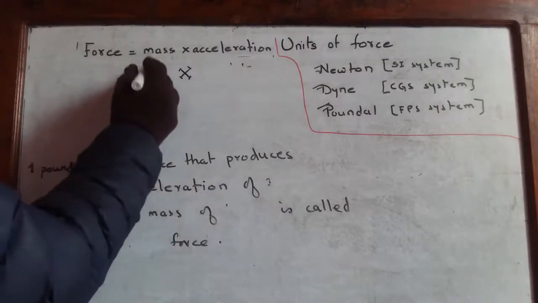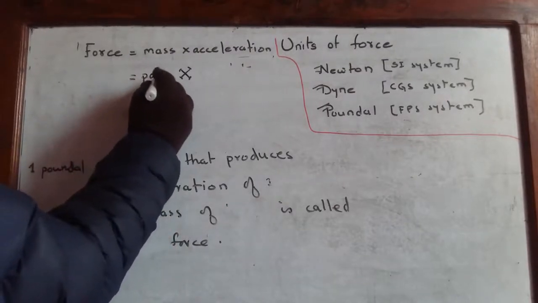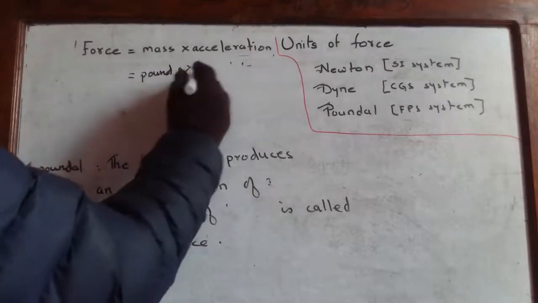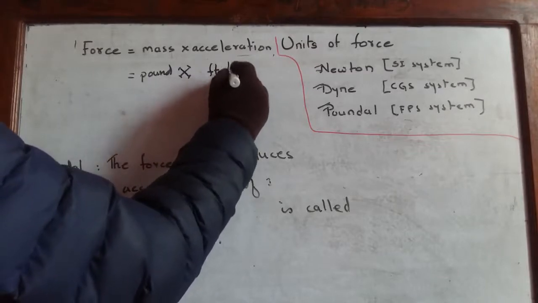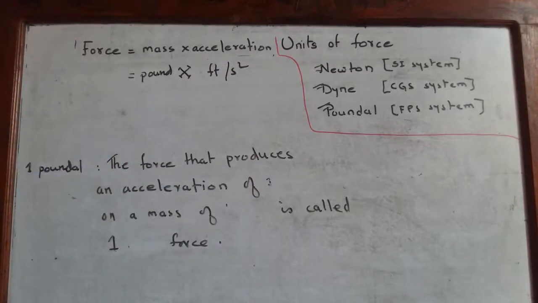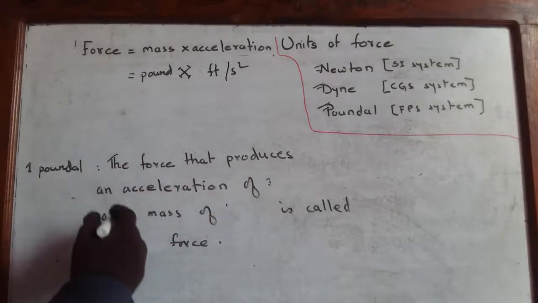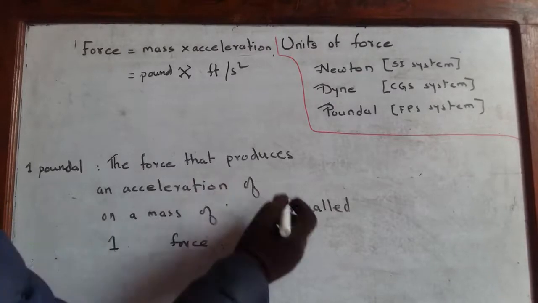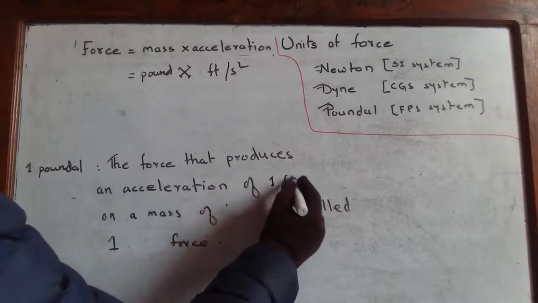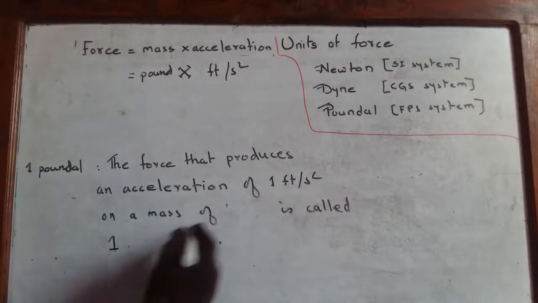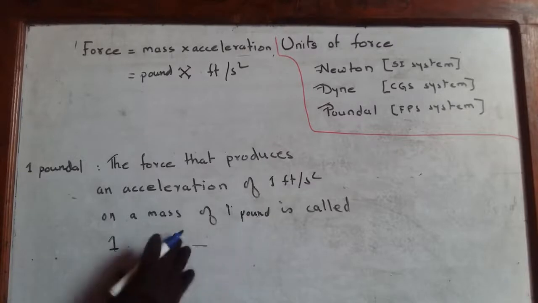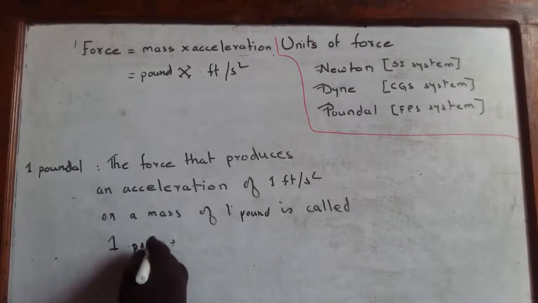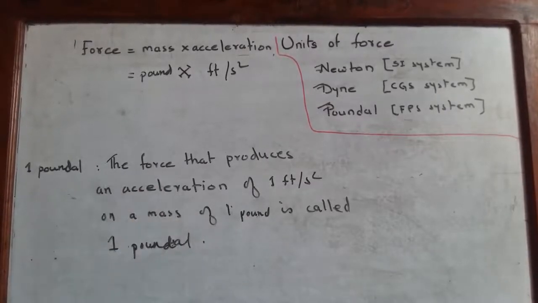So in FPS system the unit of mass is pound, and acceleration is foot per second square. Now let's define the force that produces an acceleration of 1 foot per second square on a mass of 1 pound is called 1 poundal.